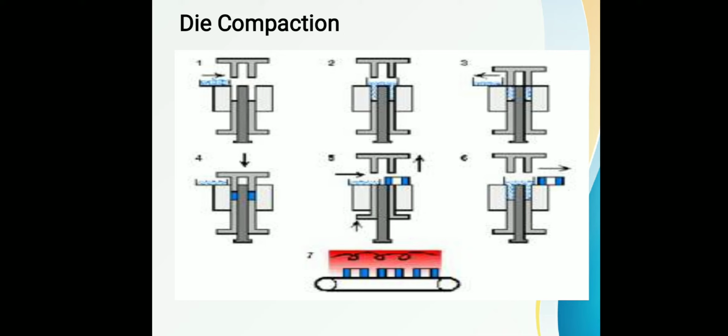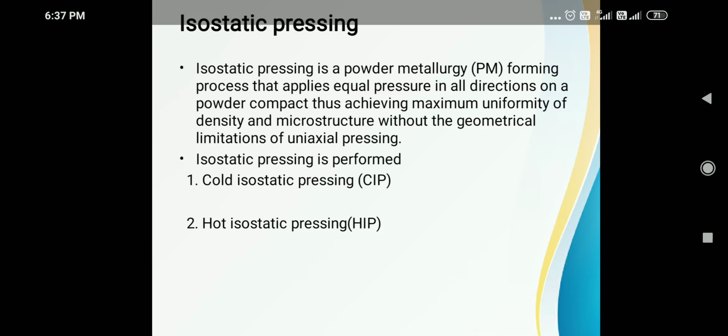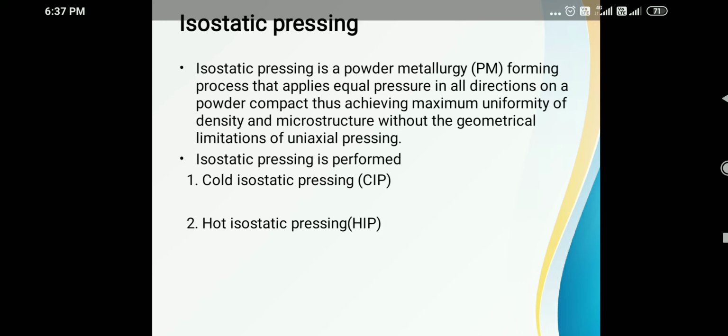Then the second method is isostatic pressing. Isostatic pressing is a powder metallurgy forming process that applies equal pressure in all directions on the powder compact, so it achieves maximum uniformity of density and microstructure without the geometrical limitations of uniaxial pressing.